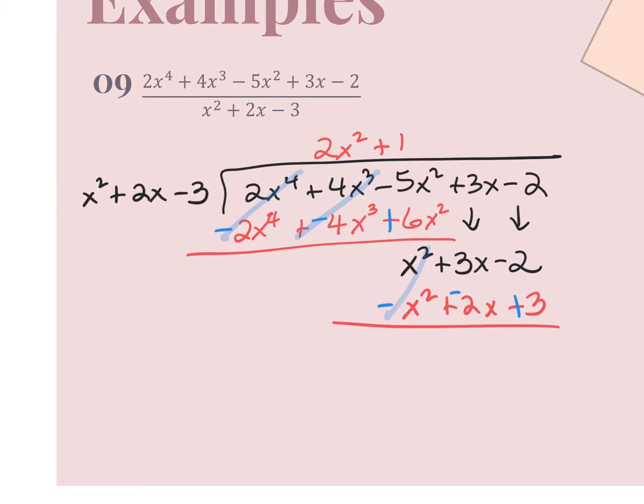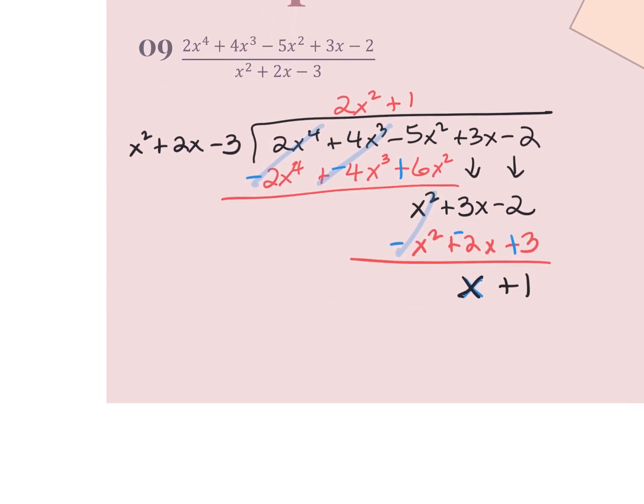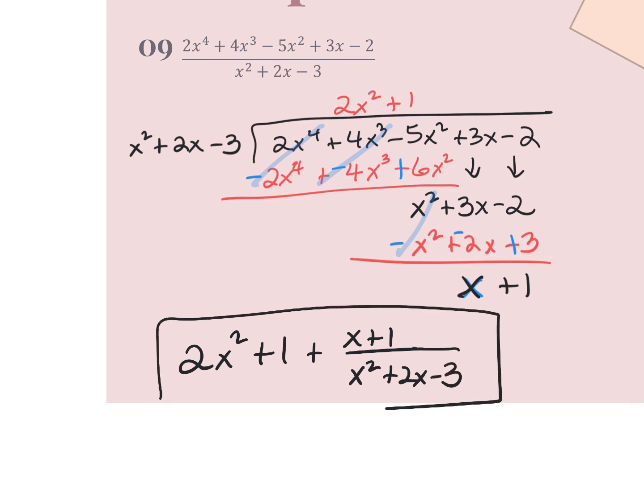This is gone. And I end up with x plus 1. So that is my remainder because there's nothing else to bring down. So my quotient is going to be 2x squared plus 1 plus x plus 1 over x squared plus 2x minus 3. And that's my final answer.